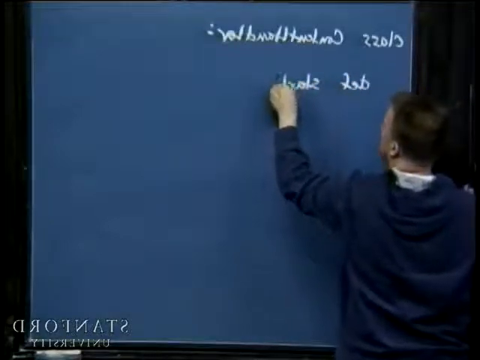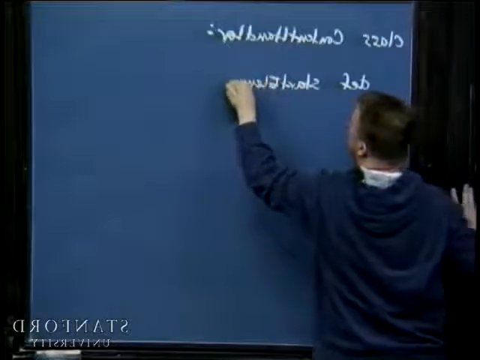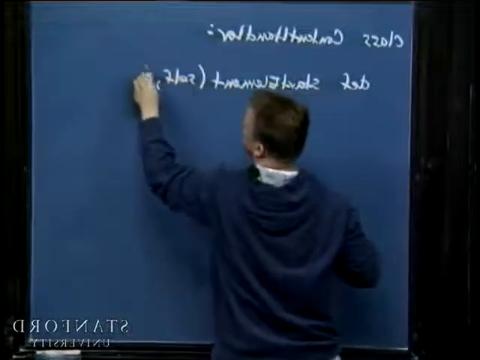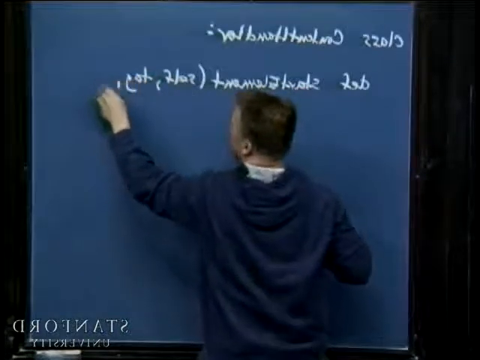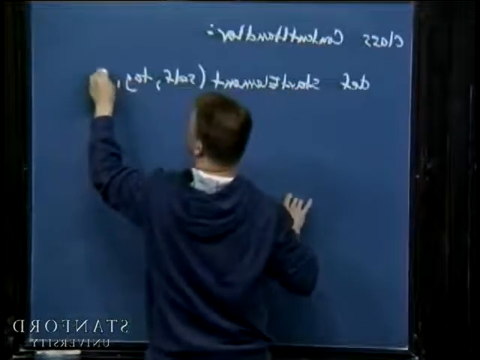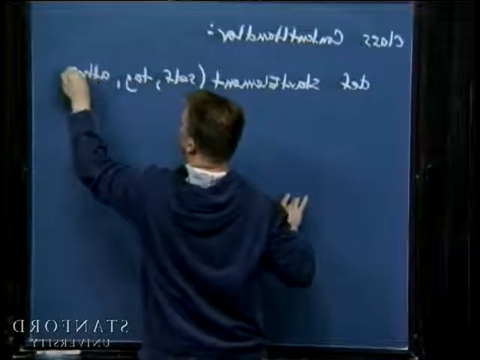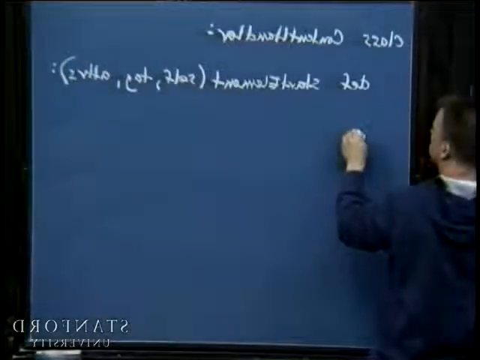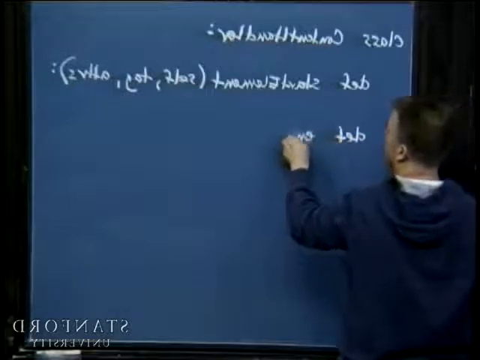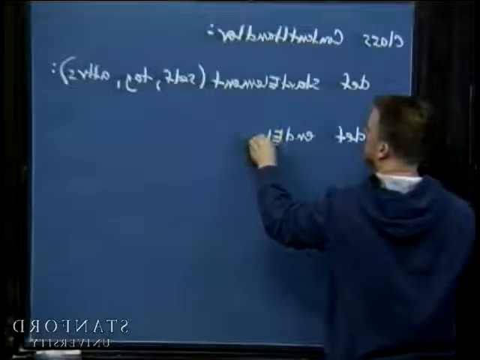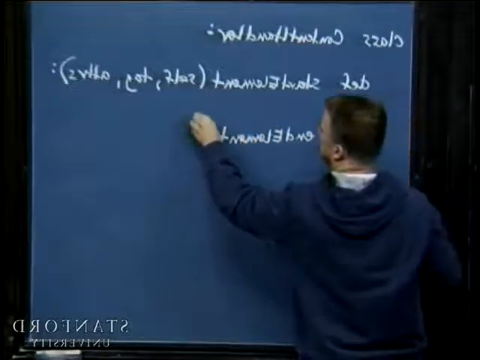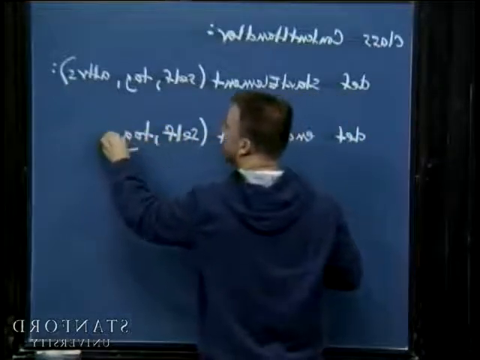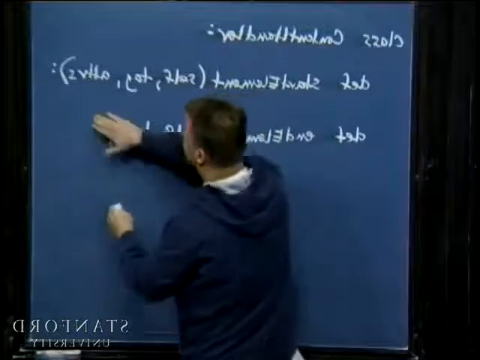Start element takes self, it takes tag, and it takes attributes. There's another method called end element that takes self, it takes the tag that's being ended, and that's it.